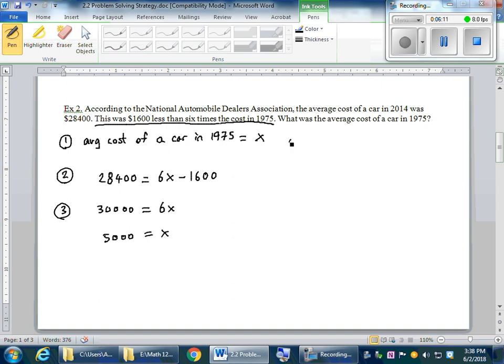Now we can interpret what the question is looking for, which is the average cost of a car in 1975. That is represented by x, and we know the value of x is 5,000, so therefore 5,000 is my final answer.